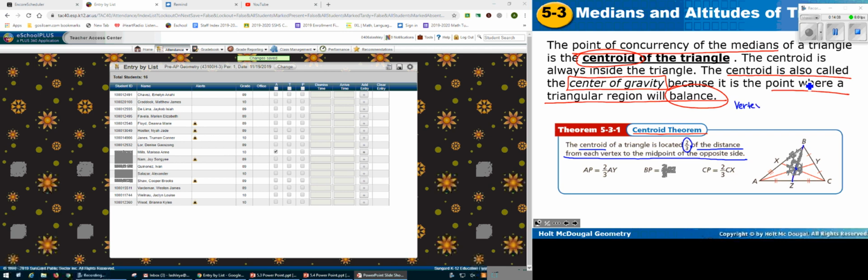Vertex to centroid is equal to 2/3 of the median, or you could write it as centroid to the side of the triangle is equal to 1/3 of the median. So centroid to the vertex is 2/3, or centroid to the side is 1/3.